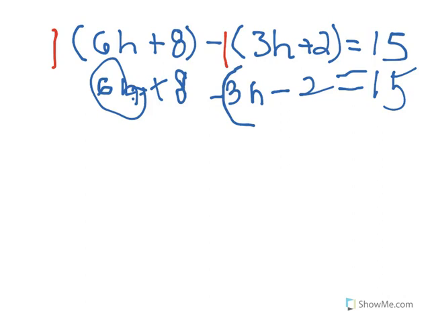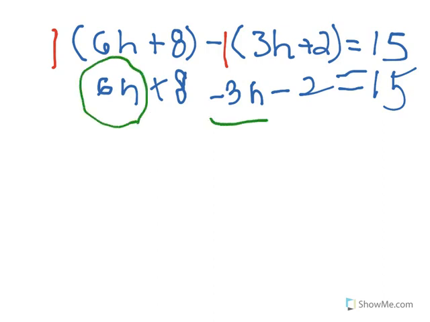Use a different color other than blue. So the h terms, circle. Good. You captured the sign with it. And then give me orange for the other like terms. Would it be this and this? Mm-hmm. So now on your next line, switch back to blue.